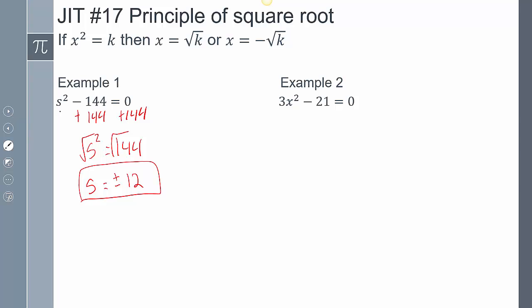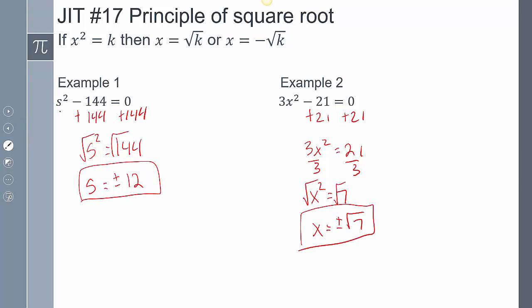And so s equals plus or minus 12. For this one here, I add 21 to both sides, so I get 3x squared equals 21. Then to get that x squared by itself, divide both sides by 3, and I'm going to get x squared equals 7. Take the square root of both sides, and so I get x equals plus or minus √7.